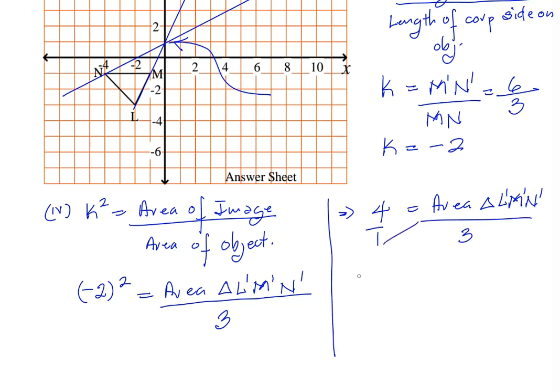So the area of triangle L prime, M prime, N prime is equal to 3 times 4, and that is equal to 12 square units. All right, it's equal to 12 square units. And that should be the end of enlargement.